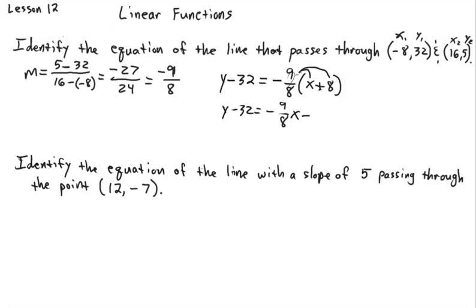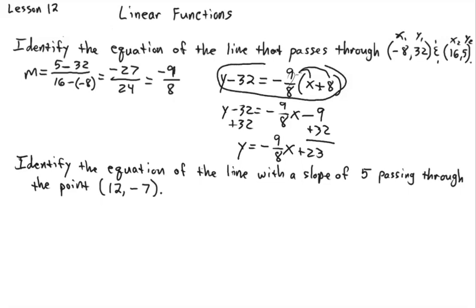So we're just going to have minus 9. And now all we have to do is add 32 to both sides, and we get y is equal to negative 9/8 x, and then negative 9 plus 32 is 23, so plus 23. And so we have point-slope form here, and we have slope-intercept form here, and so we're done.